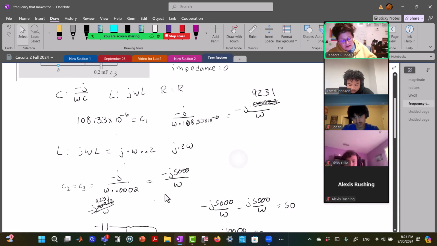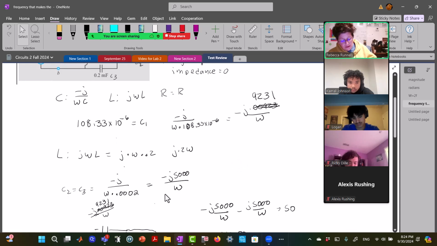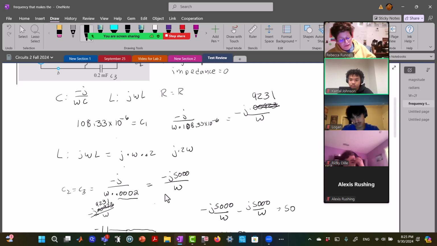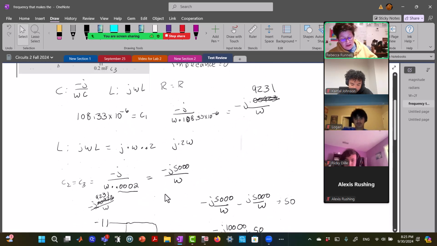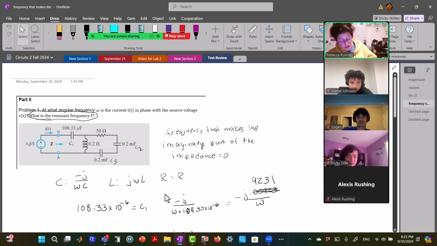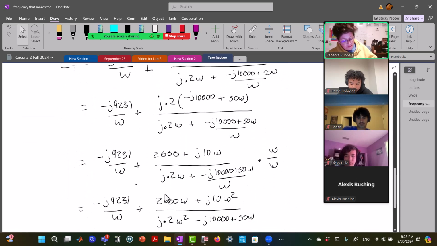Let's see. Yeah, I did it right here, .0002. Just to make sure. Yeah, thanks for checking. And then the inductor was .2 without any prefix.